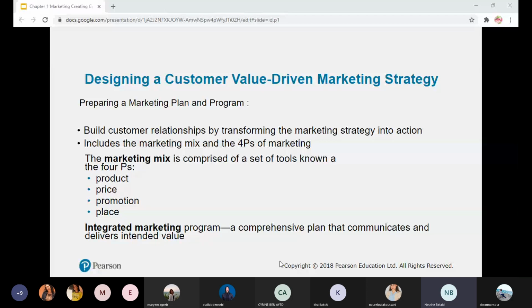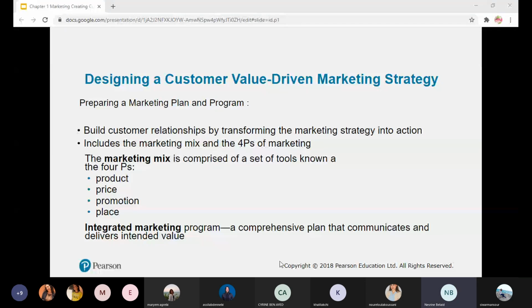Okay? So the firm must blend each marketing mix tool into a comprehensive integrated marketing program that communicates and delivers the intended value to chosen customers. Okay?